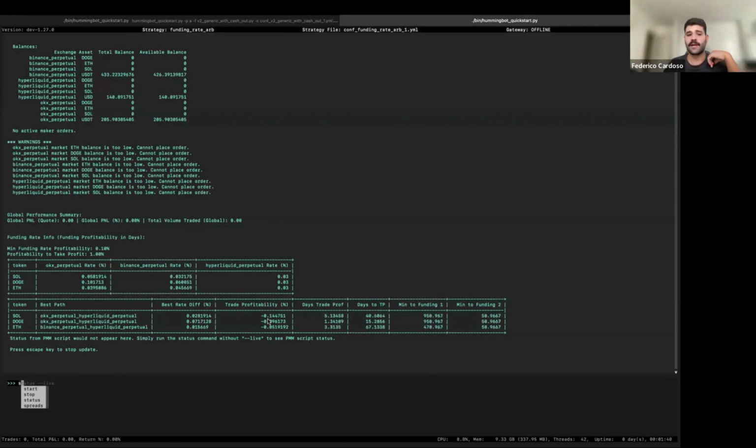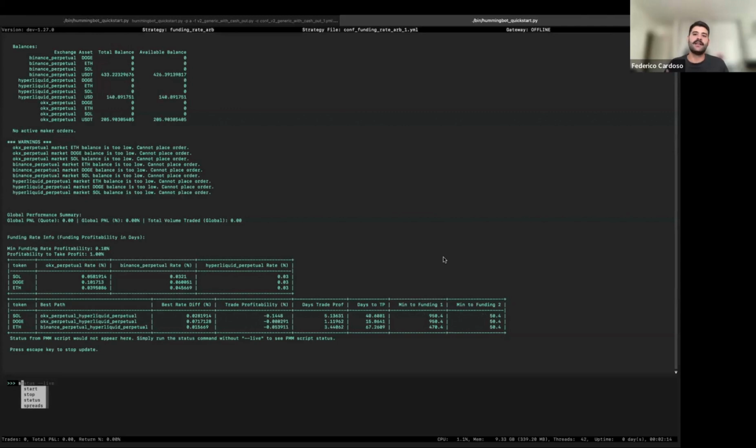We also have here the trade profitability of entering or going long and short, with the fees that we are going to pay in the middle. We also have how many days we need to collect the funding rate difference to make up the trade profitability that we are missing when we enter a trade, and how many days we need to hold the 2 positions to get the take profit that we are looking for, which in this case is 1%.